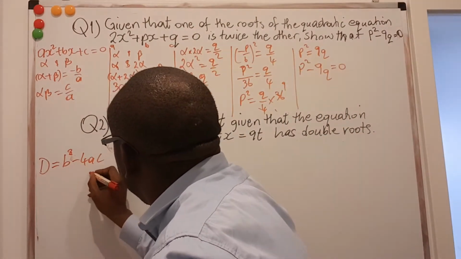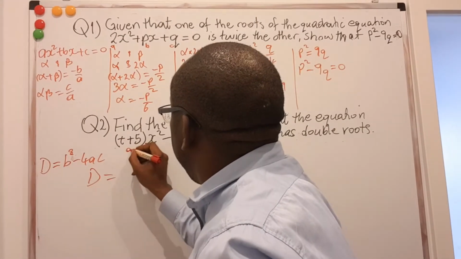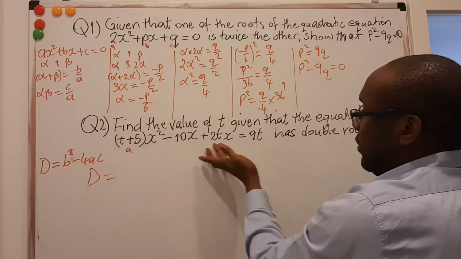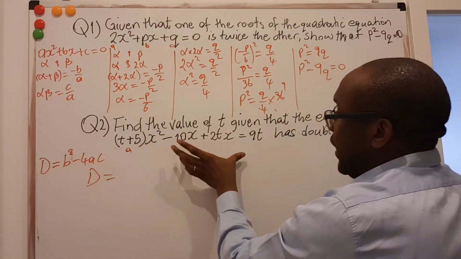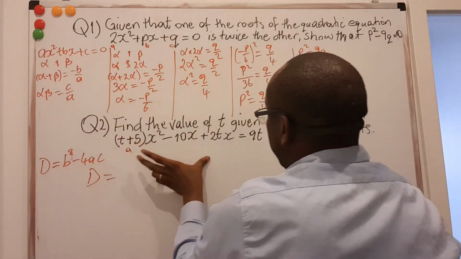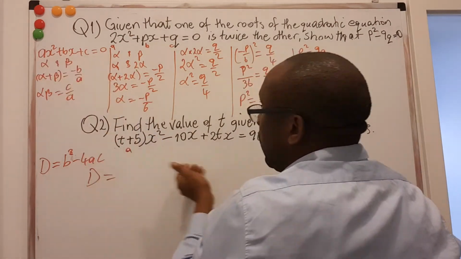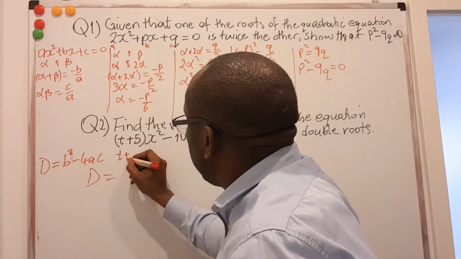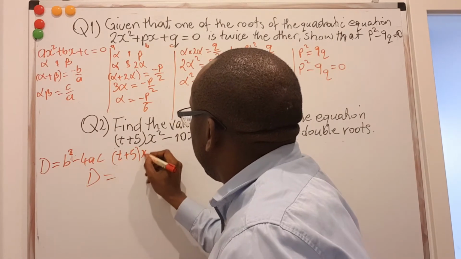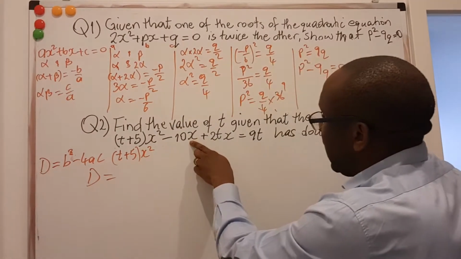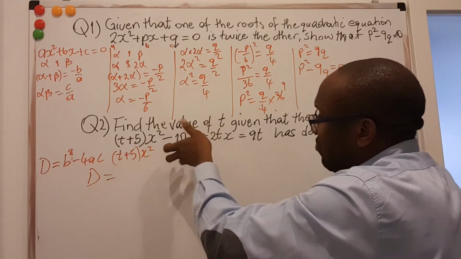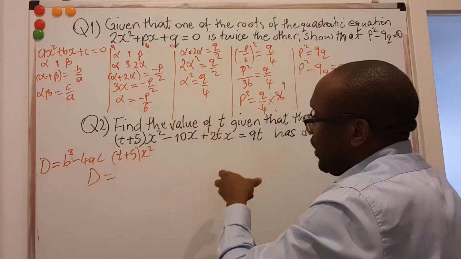So if my d now, based on this is my a here. Oh, I have to fix it, you see. A is here, but this has to be combined. It needs to be of this form. So if your equation is not of that form, you can't do it. So let's fix it. So this is t plus 5 x squared. I see x here and x here, so I can factorize the x and work with it as we do in the math salon.